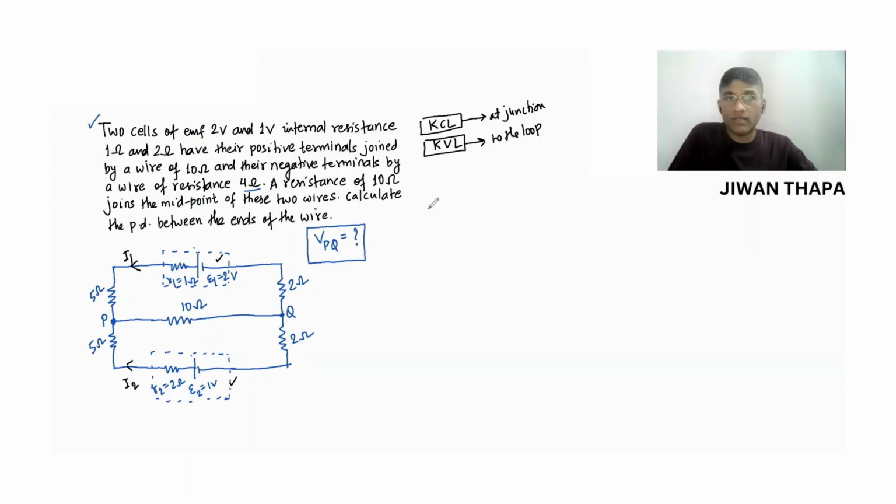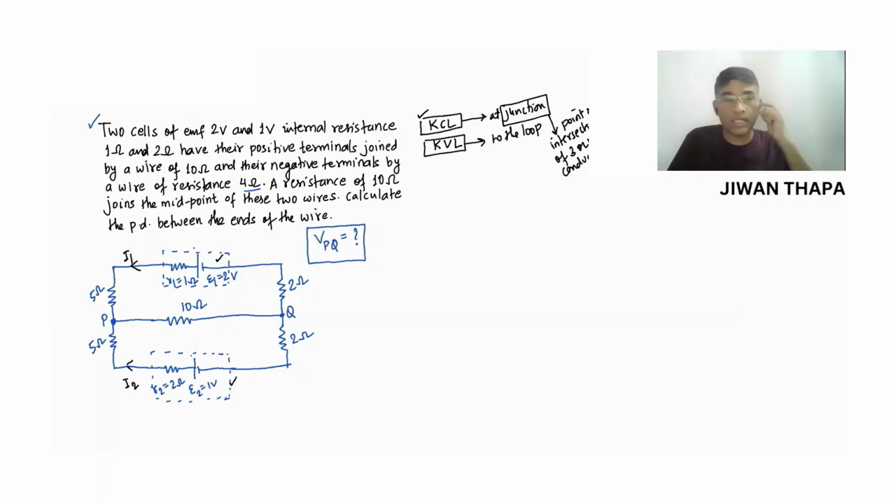Now as I said earlier, we use Kirchhoff's law. In order to apply Kirchhoff's law, we need to look for a junction in this circuit. And what is a junction? A junction is a point of intersection of three or more conductors.